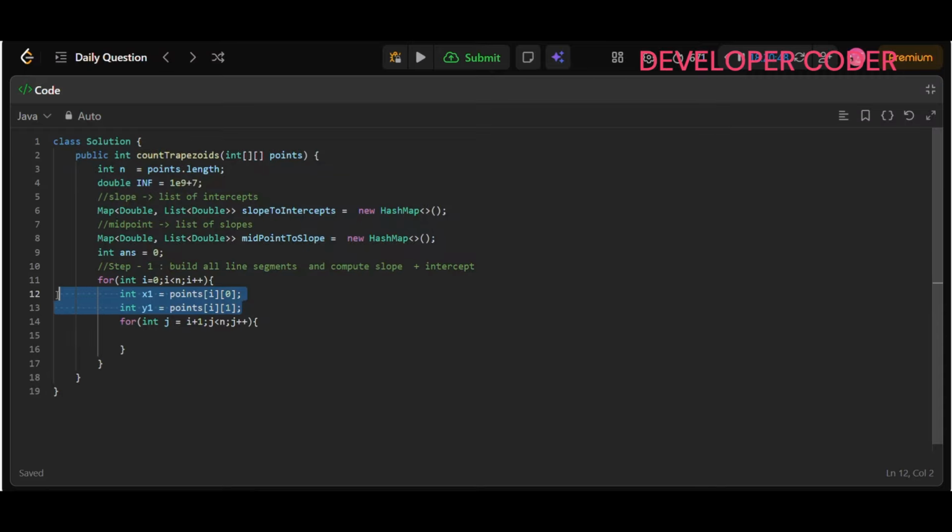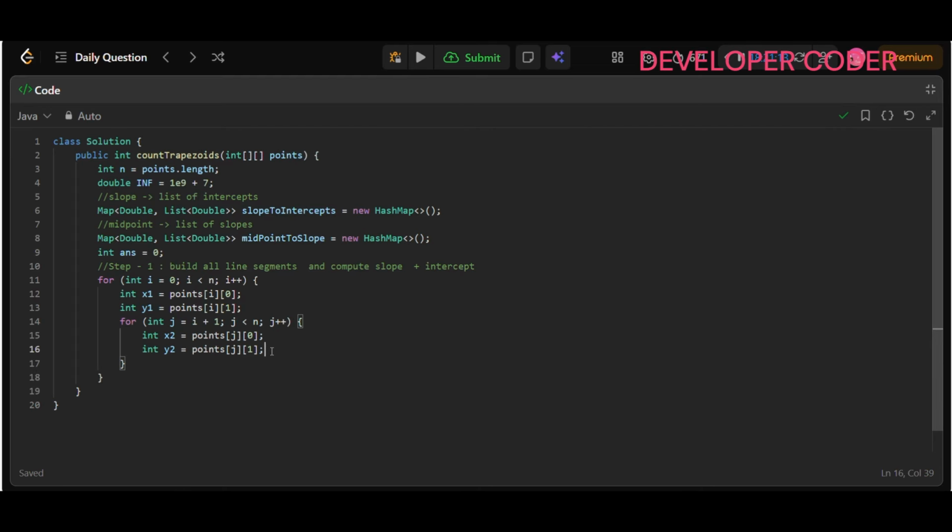Now it looks good. So this is nothing but x2, and this is nothing but y2, and here it is j and it is j, right? So this is done, right?